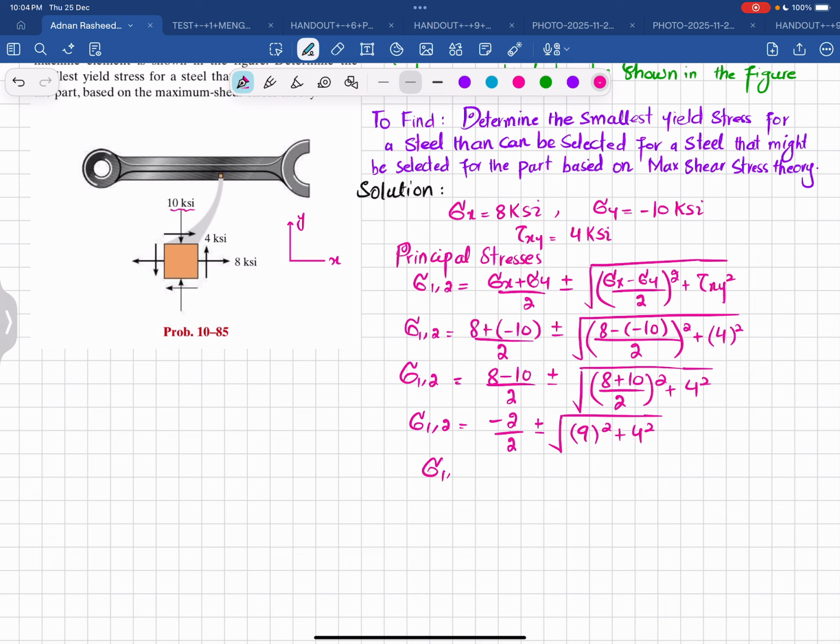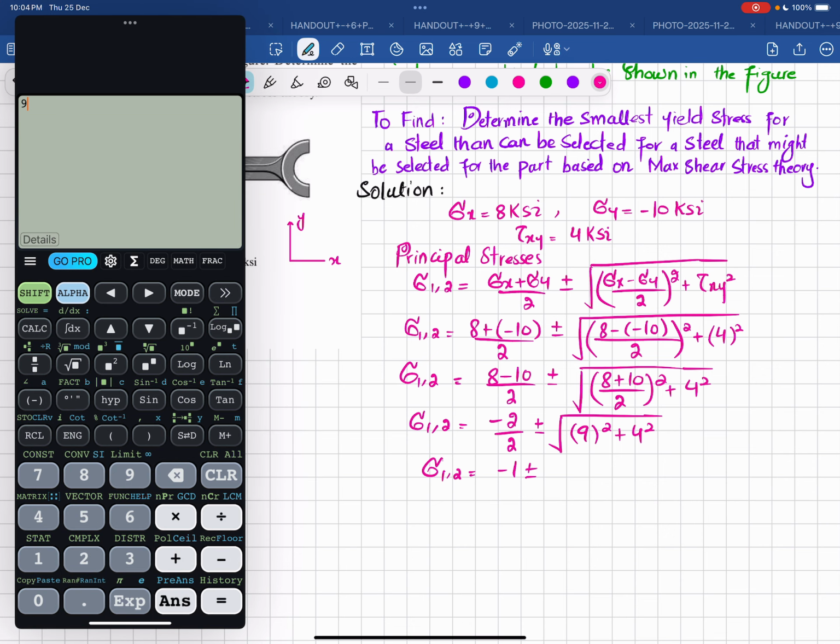We can also write sigma 1,2 is minus 1 plus minus the root of 9 squared plus 4 squared. Calculating this value, the answer is 9.85.